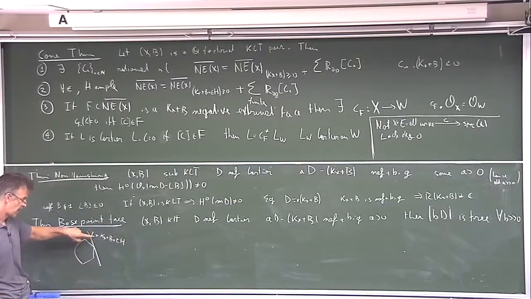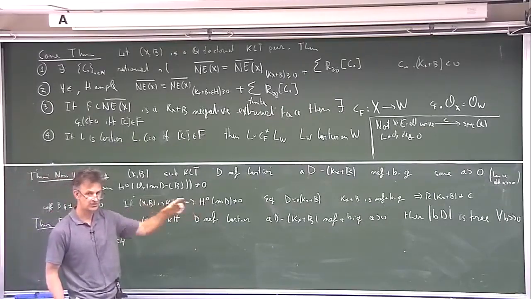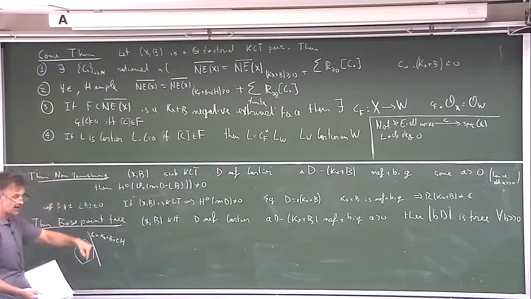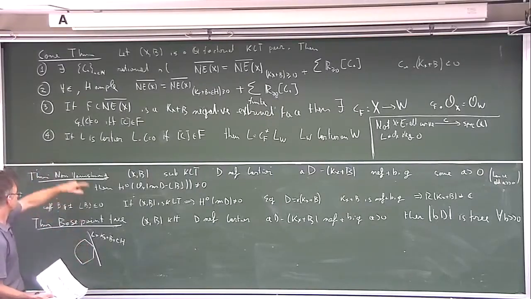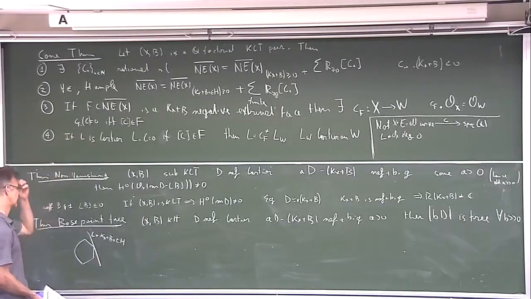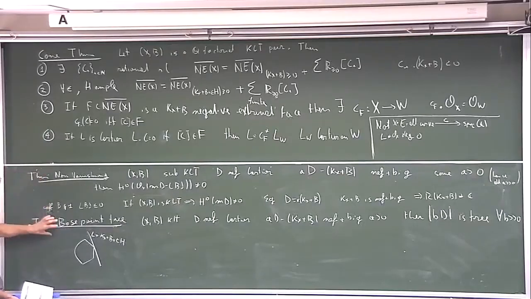So you have a nef divisor where some multiple is free, which means that nef divisor is actually semi-ample. It defines a morphism for you, and that morphism is precisely the contraction of that ray. So if I prove the base point free theorem for you, I am proving the existence of this contraction.